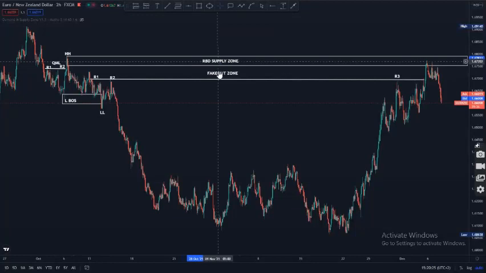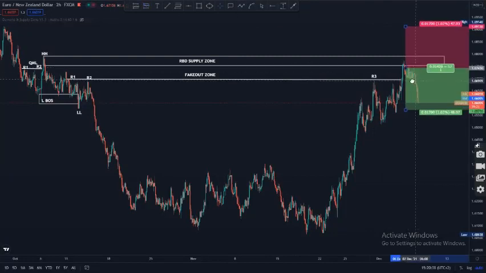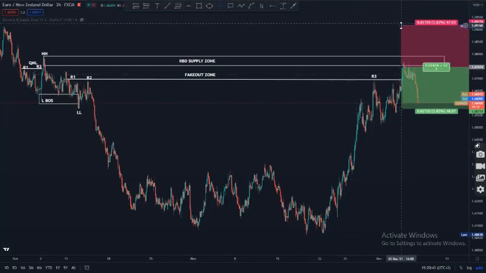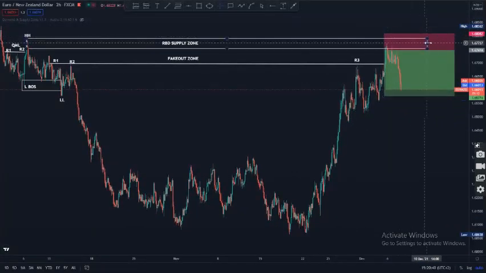So this is how it is. I have my fake out here, and my fresh supply zone is right there. I look to enter when the market comes into my zone, right? I wait for price to break this level here to come to my level where I'll be interested in selling, because the market has taken out the liquidity.